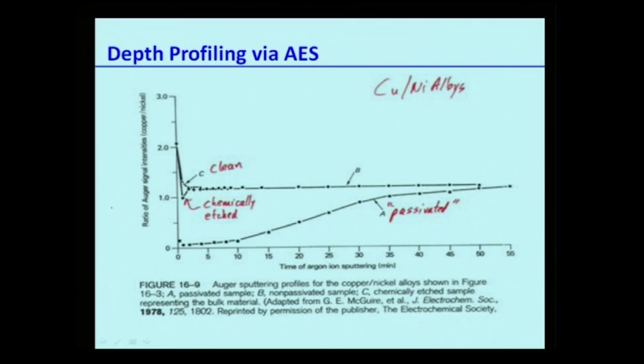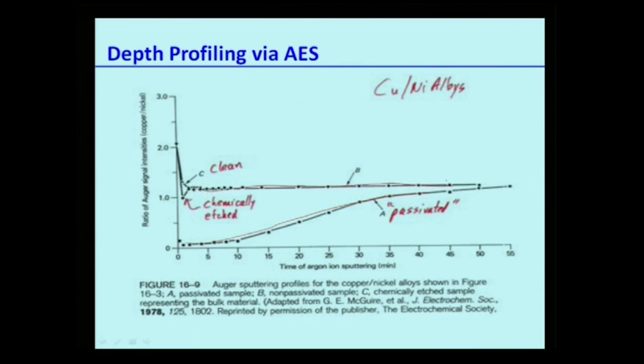So to give you a much better idea, this is another example, sputtering and non-sputtering, copper and nickel alloys present, and as you see here, copper and nickel alloys. As you see here, this is the depth profiling of the passivated layer. This is the clean sample.